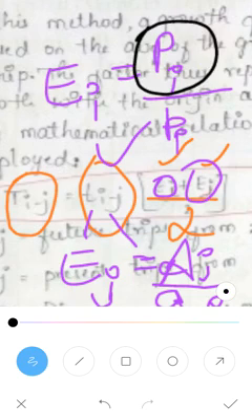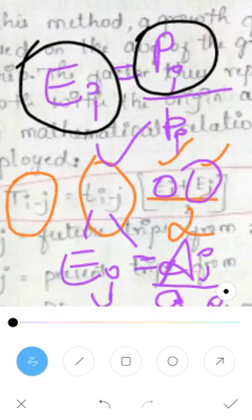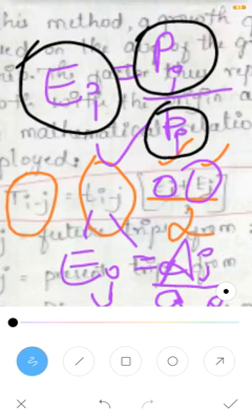Capital Pi is the future generated trips from zone I, and small pi is the present generated trips from zone I.